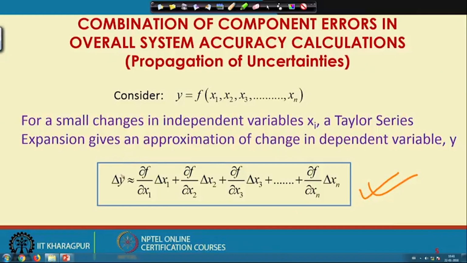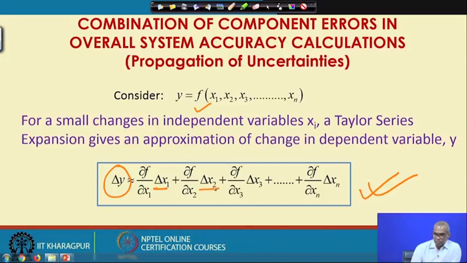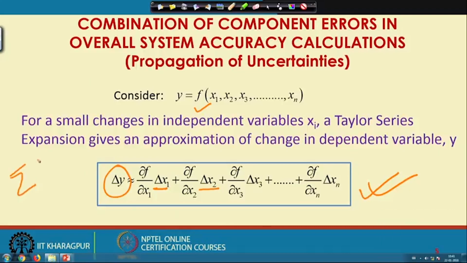So, the change in the dependent variable y can be computed as del f del x 1 into delta x 1 plus del f del x 2 into delta x 2 and so on and so forth. In other words, it is a sum of quantity like del f del x i delta x i, which is delta y.